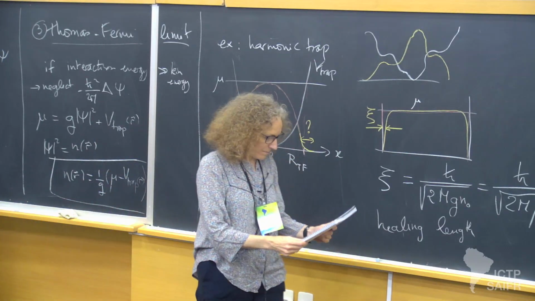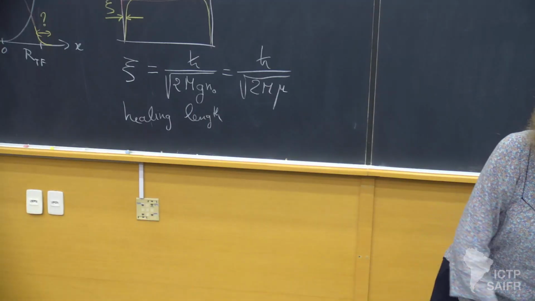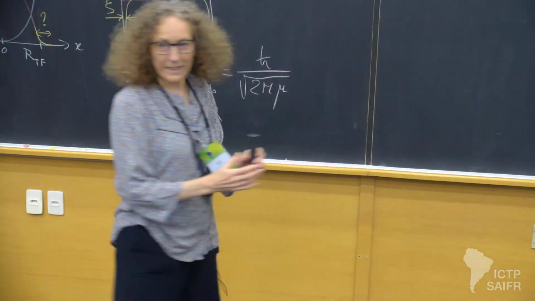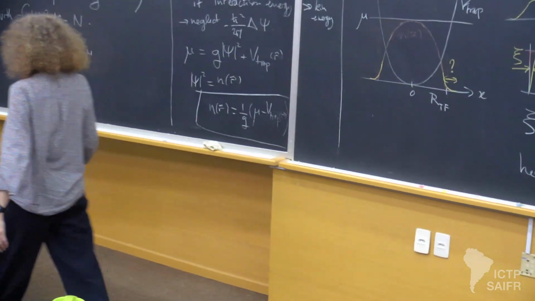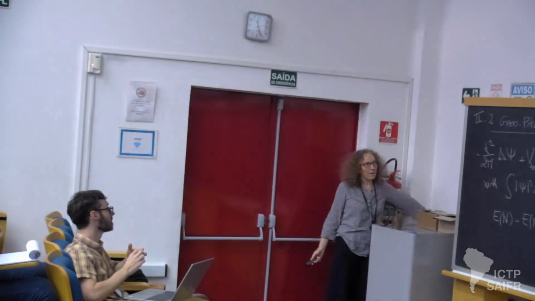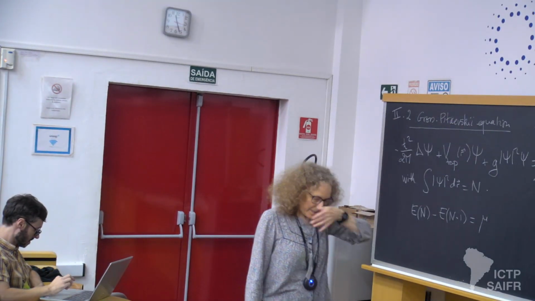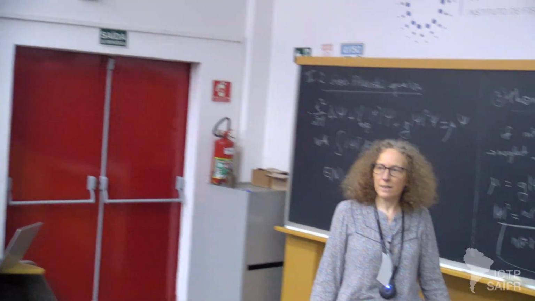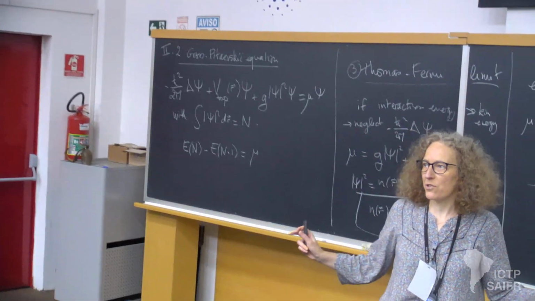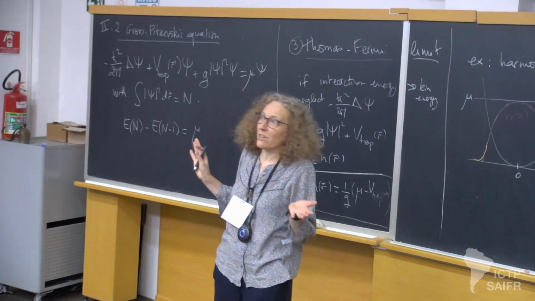Okay. And so let me show you a couple of slides where the Gross-Pitaevskii equation was solved numerically. So this is a solution in a box with no interactions. So if I remove the interaction term, of course, it's just the Schrodinger equation.